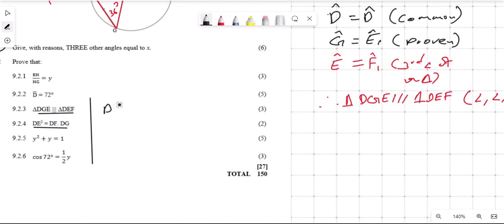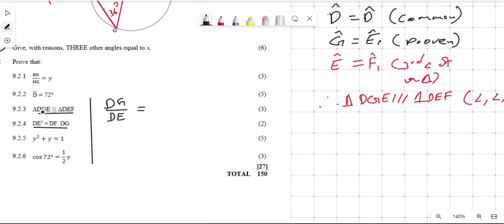DG, if you remember what we did in grade 9, when you do proportionality, DG over DE is equal to GE over EF.